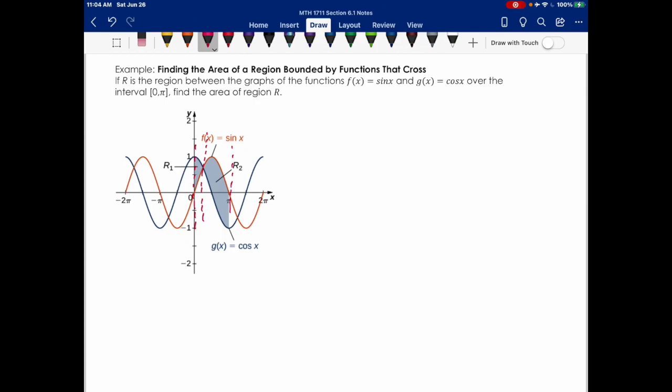On the first interval, when we're looking at that shaded area, cosine is above sine, and then in the second interval, sine is above cosine. So what we need to do is find that intersection point so we know how to break up this interval and write them as separate integrals.